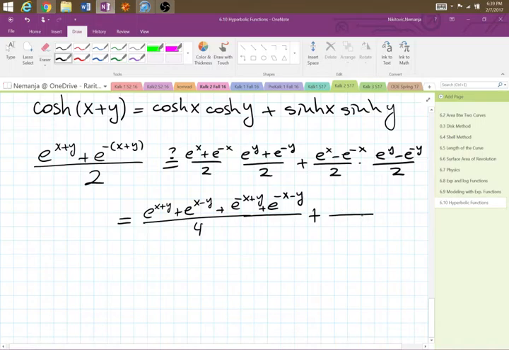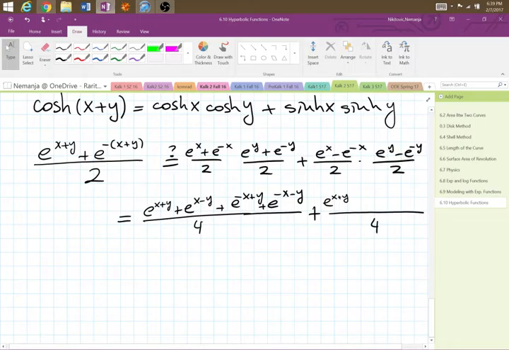Plus, and we have one more like this coming up, which is e to the x plus y minus e to the x minus y minus e to the minus x plus y, and I have no room for this one more term, which is plus e to the minus x minus y.